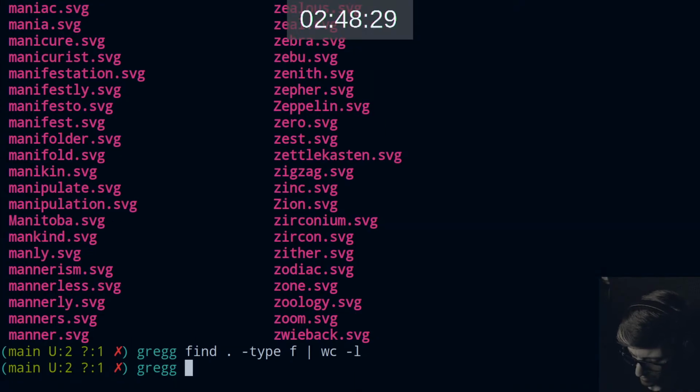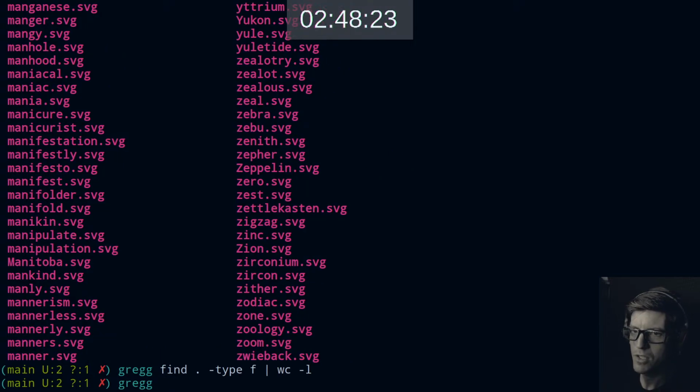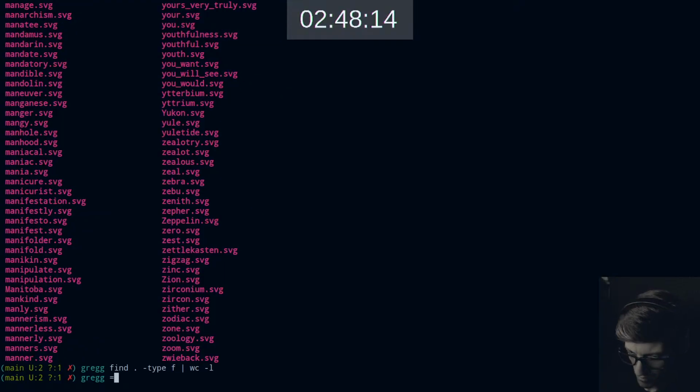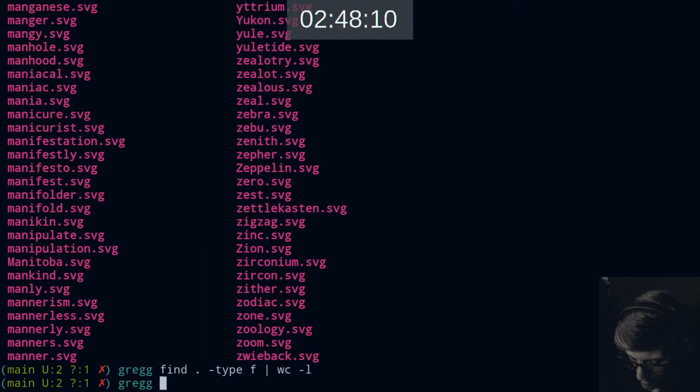Command Shift? Nope. There we go. So let's make it just a little bit smaller so that we can fit everything on the screen, and I don't want it to be full screen. There we go.